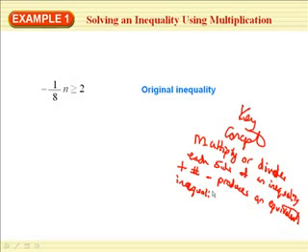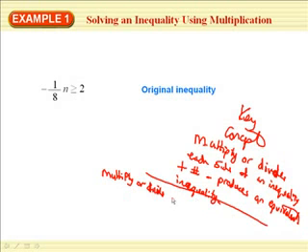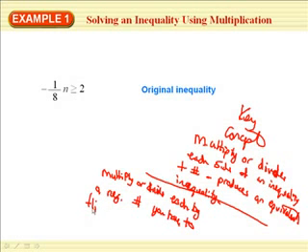But on the other hand, if you multiply or divide each side by a negative number, you have to flip the sign in order for it to be equivalent.